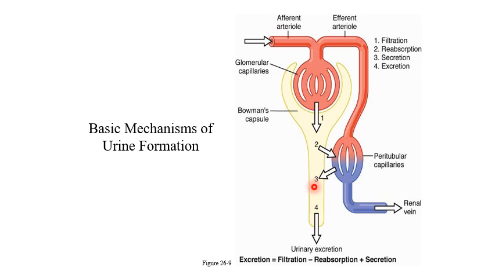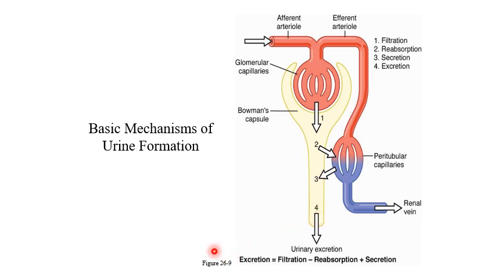To speed up the elimination of waste products, process number 3 is secretion. And then number 4 will be the urinary excretion. Whatever is left after these processes in the tubules is going to be the urinary excretion.